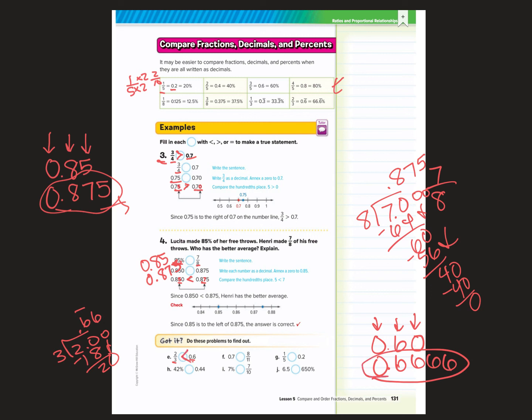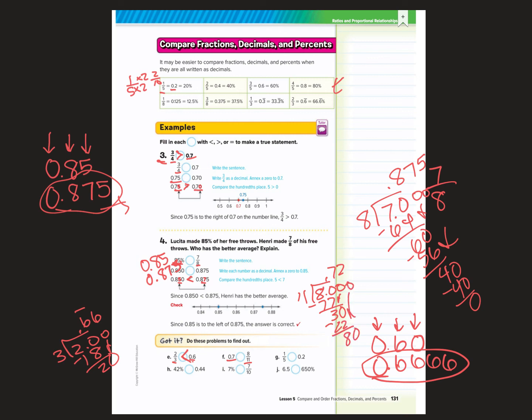Okay, again, we have 7/10 and 8/11. So if I did 8 divided by 11, it'd be 7, minus 77, would be 3. 2 minus 22 would be 8.